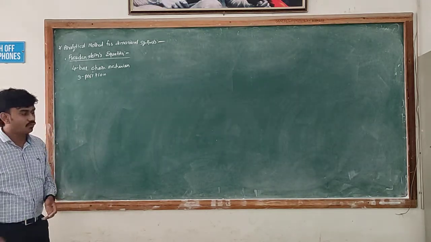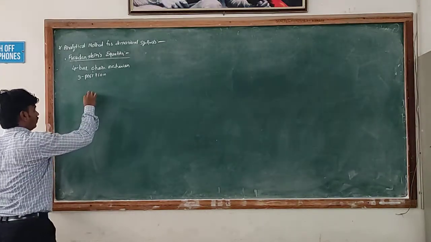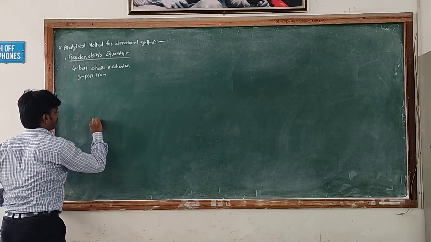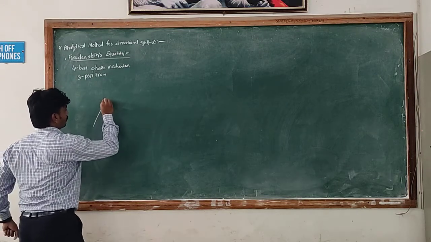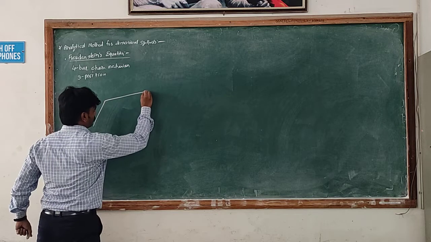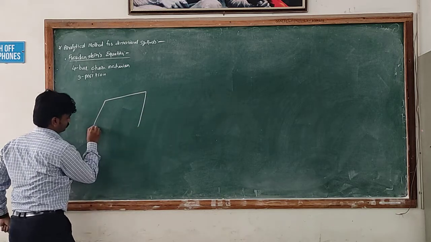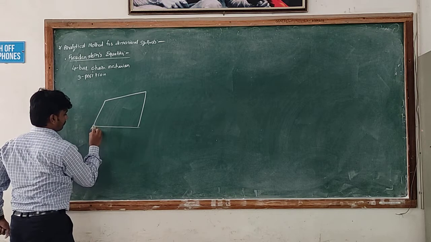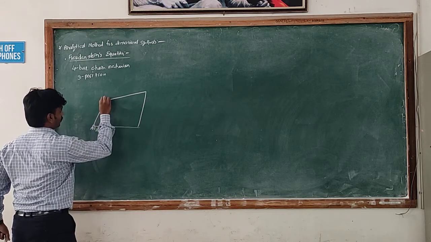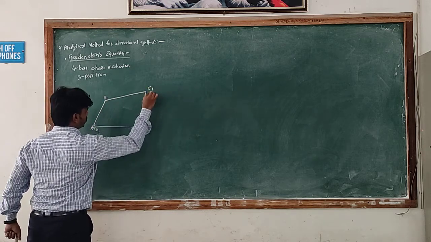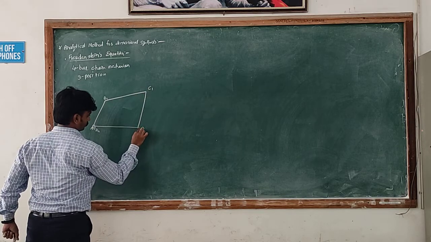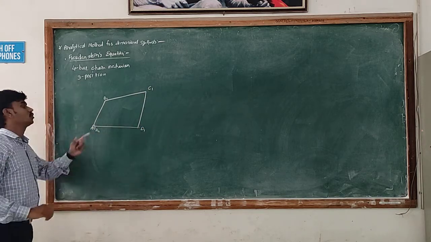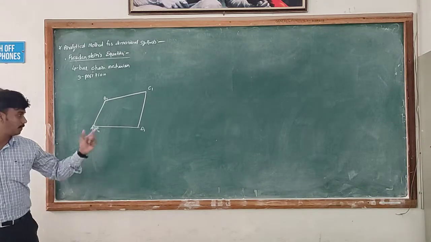So for this purpose we will draw our slider crank mechanism, sorry, our 4-bar chain mechanism. So this is our 4-bar mechanism.